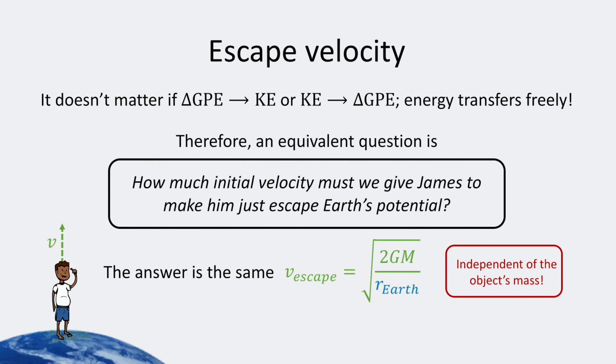So whether we want to fire a rocket away from Earth, or throw a little stone up, they both require the same velocity to escape Earth's potential. The escape velocity is independent of the object's mass. For Earth, the escape velocity is about 11,186 meters per second, which is a huge number.